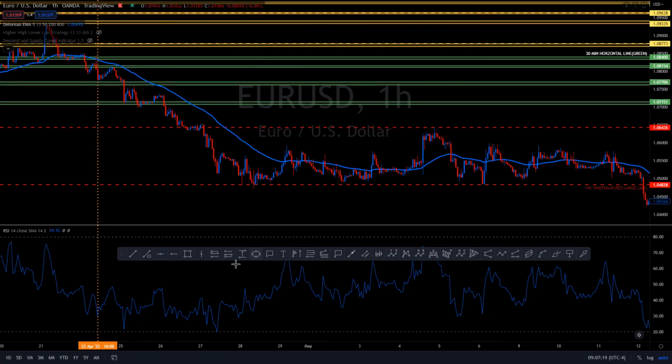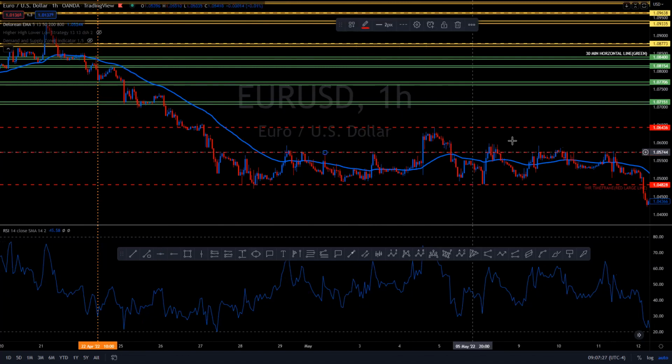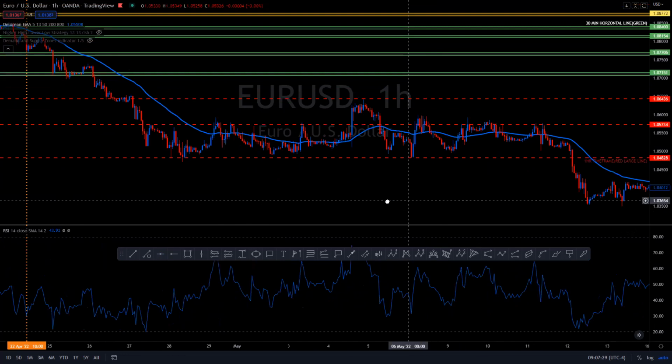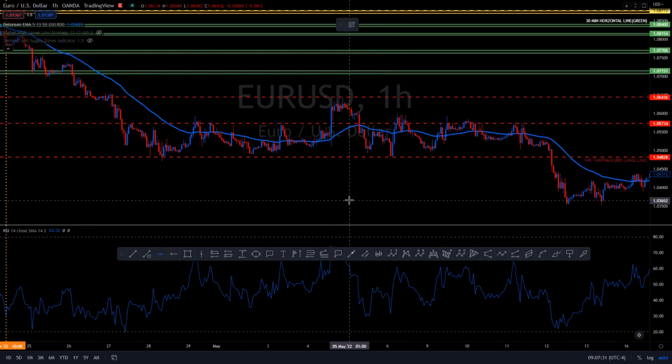So there was a valid supply zone here. And there was somewhat a valid supply zone up here as well. And then you had a valid demand zone down here.